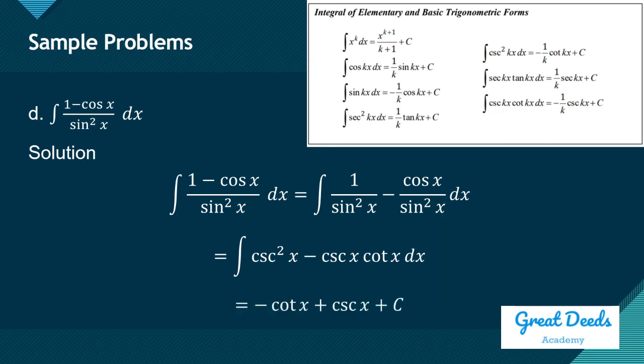So there you have it. So our function now are among the basic forms. The integral of the square of cosecant of x is negative cotangent of x, and then minus the integral of cosecant of x times cotangent of x is equal to negative cosecant of x. So minus negative, it becomes plus. And then, of course, plus c.